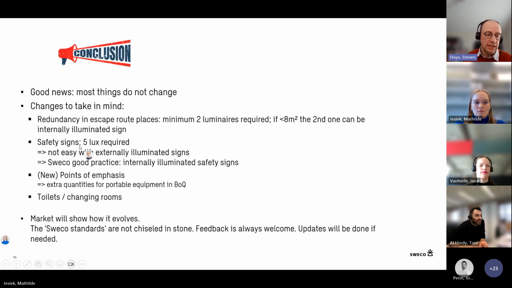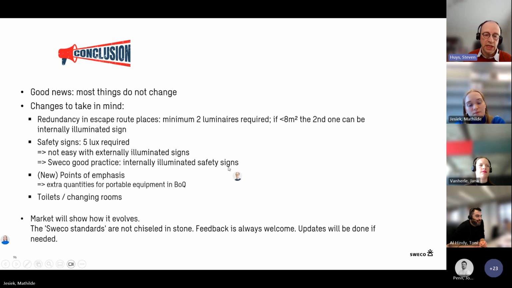Then the safety signs, where the new standards in fact force us, we think, to the internally illuminated safety signs, because otherwise we think you will for sure have problems in execution and with the certification. So then it's better to use the internally illuminated safety signs.